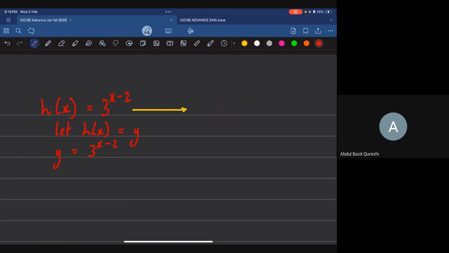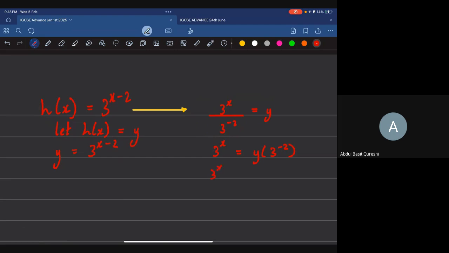Okay, so it's going to be 3 power x over 3 power minus 2. Yes, Basit. Then you have this equal to y, right? You can take this to the other side. So 3 raised to the power x is equal to y times 3 raised to the power negative 2.